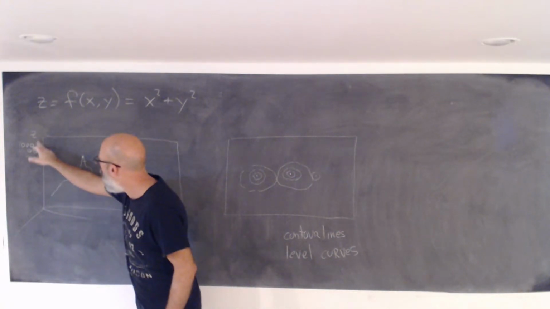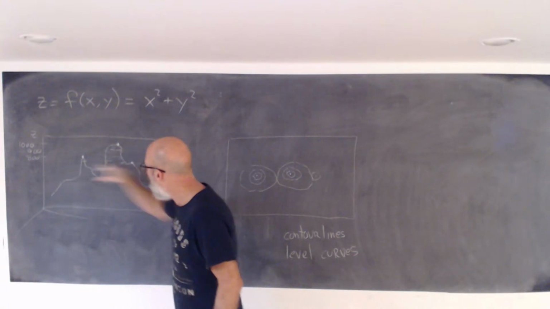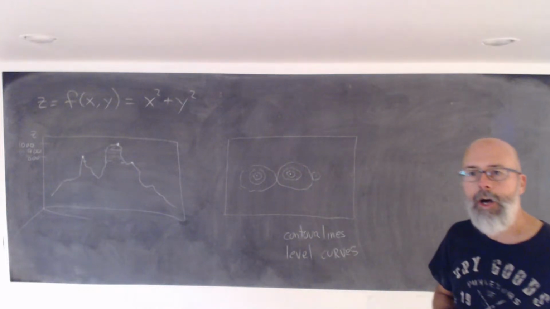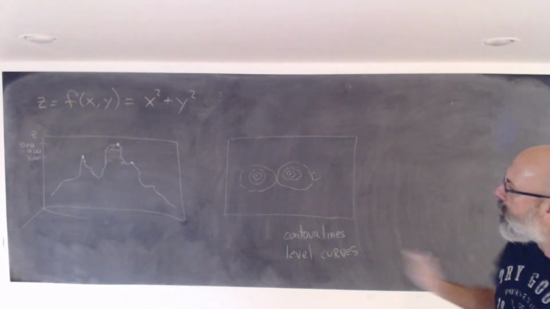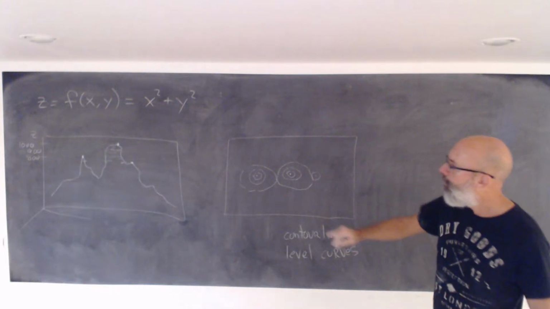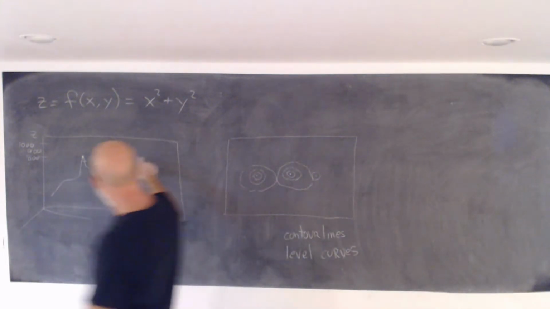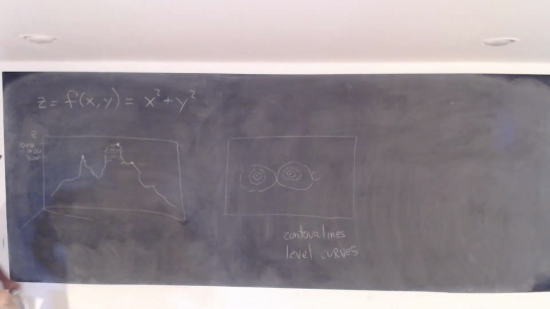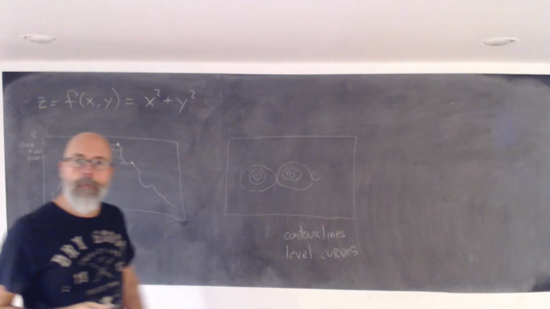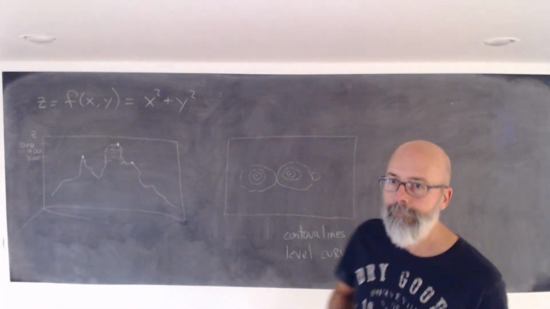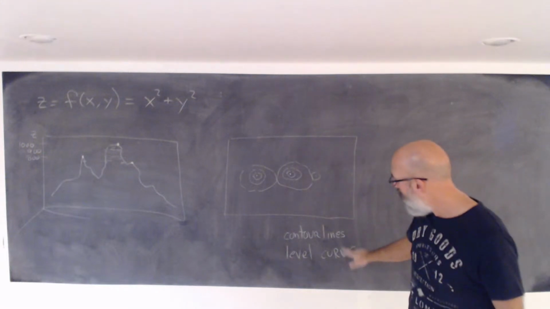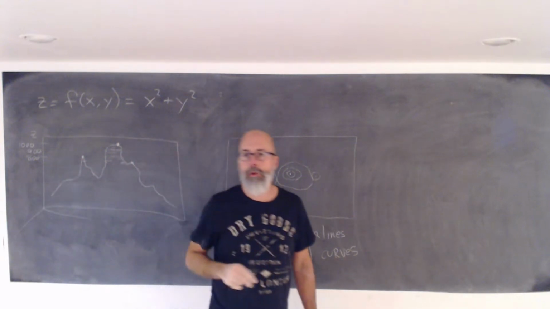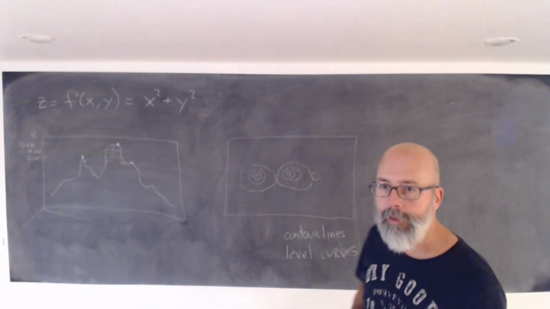The curves cut at every level, and you would build your mountain back up. So if you have a graph, you can work out the level curves, and if you have the level curves, you can put your map back together. And these level curves are just two-dimensional curves. They are curves in the xy plane.